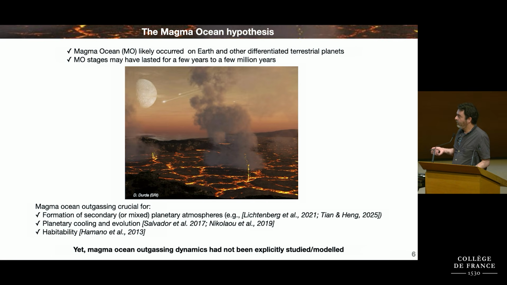And in this context, understanding the outgassing efficiency of volatile elements is crucial, not only because it's the mechanism by which the secondary atmospheres are formed, but also because these atmospheres are going to influence the planetary cooling and evolution, and eventually planetary habitability.